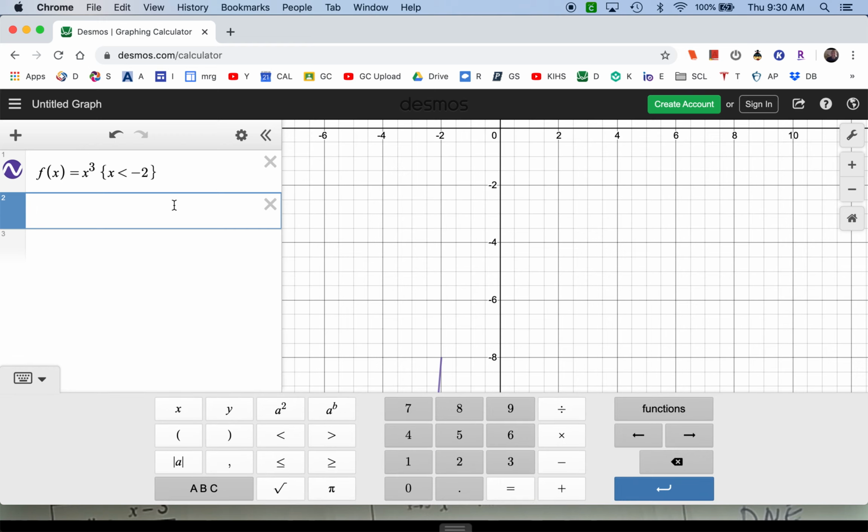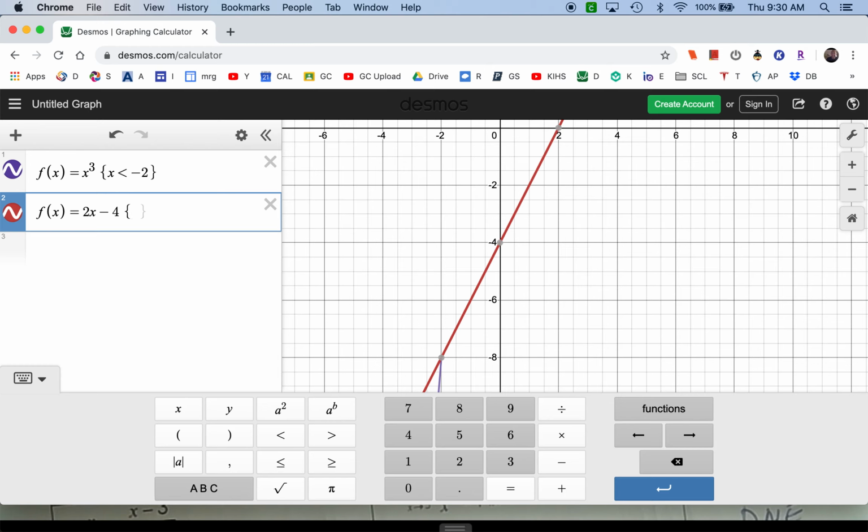The second one, we're going to call it g at x equals, I'll try f at x. Let's see what it does if I say f at x. So f at x equals 2x subtract 4. It may not like it. Oh, it does. It's fine. So we can still say f at x.